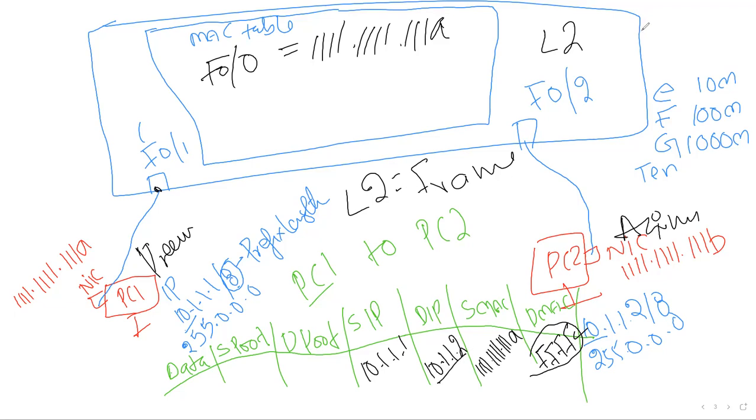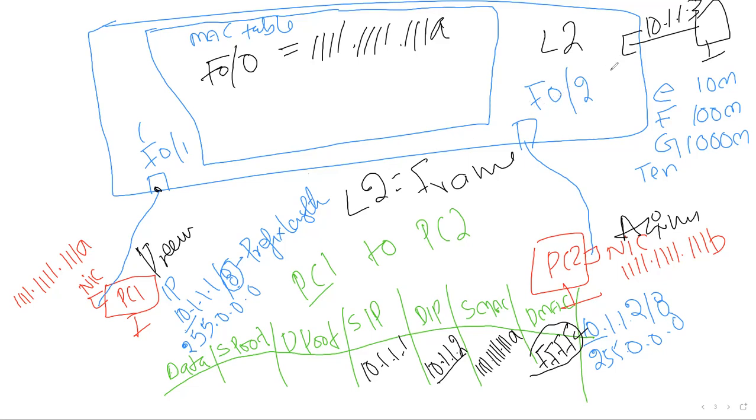Let's say I connected one system here, with IP 10.10.1.113, maybe another person. So the PC1 frame from F01, once received by the switch, because the destination is FFFF, the switch will forward it to everyone, excluding the receiver.